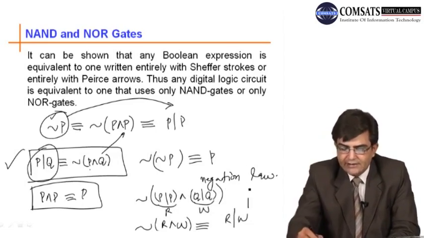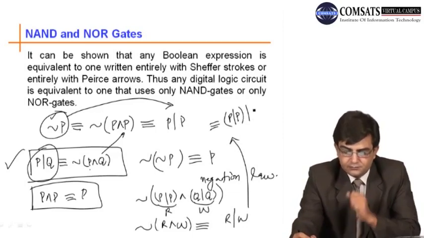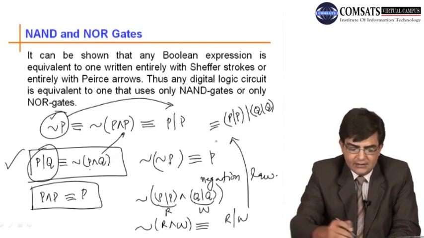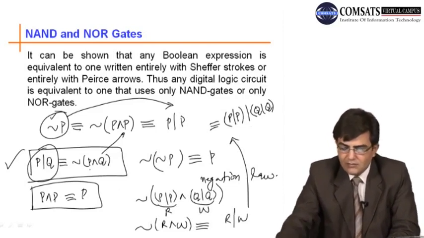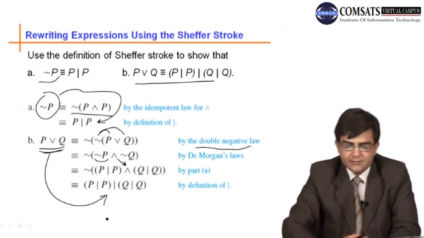So we can write it as, this is logically equivalent to P Sheffer-Stroke P, then Sheffer-Stroke, and Q Sheffer-Stroke Q. So this expression here, P or Q, is logically equivalent to this.